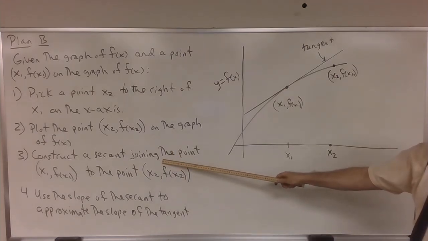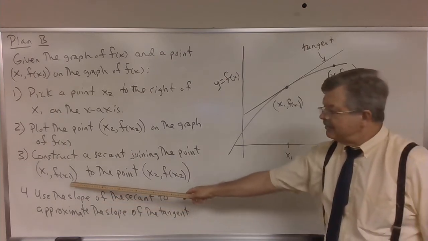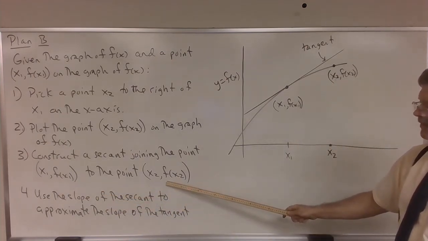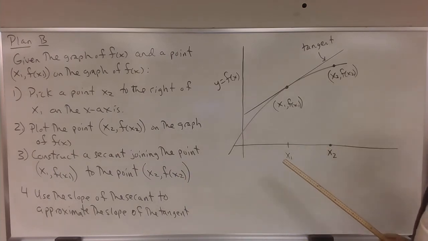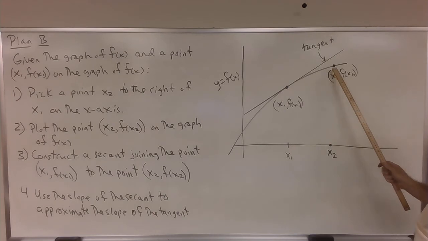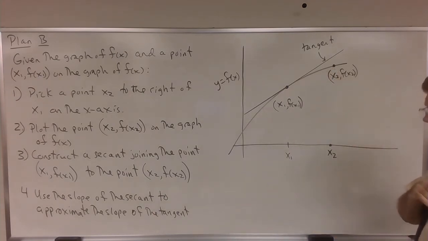Third, construct a secant joining the point x1, f of x1 to the point x2, f of x2. So we construct a secant joining this point with this point. Yep, I think I can do that.